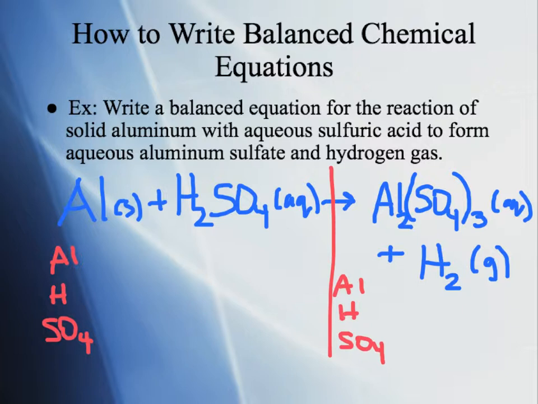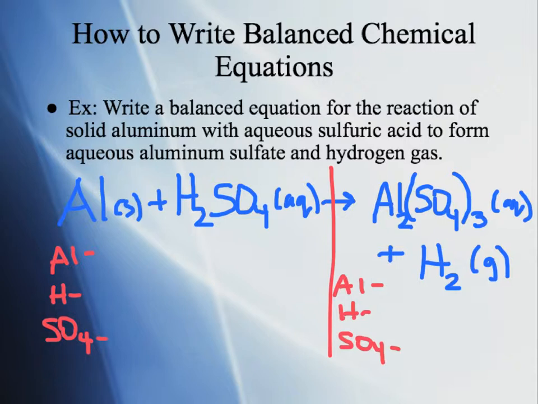So you have a sulfate on the left and a sulfate on the right. Then you can keep them together when you're doing inventory. If they were broken up in any way, if, for example, we ended up on the right with SO3 instead of SO4, or just S and the oxygens went to something else, then we couldn't do this. But since we have sulfate on both sides, we can keep them together.